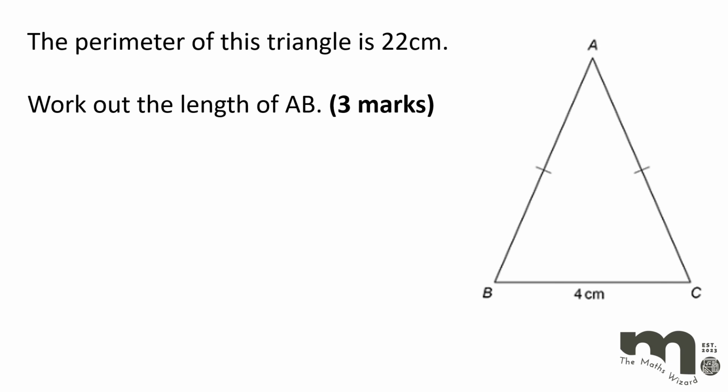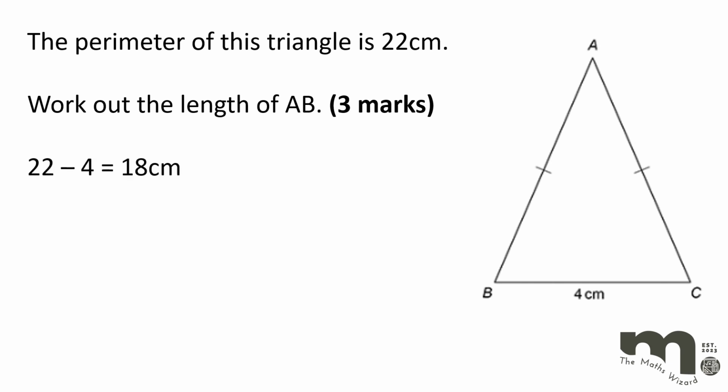Okay, this one then, so we've got a perimeter. We know the perimeter of this triangle is 22 centimeters, so we already know the perimeter here. We've got to work out the length of side AB. The first thing to do here is to take that 4 away from the perimeter.